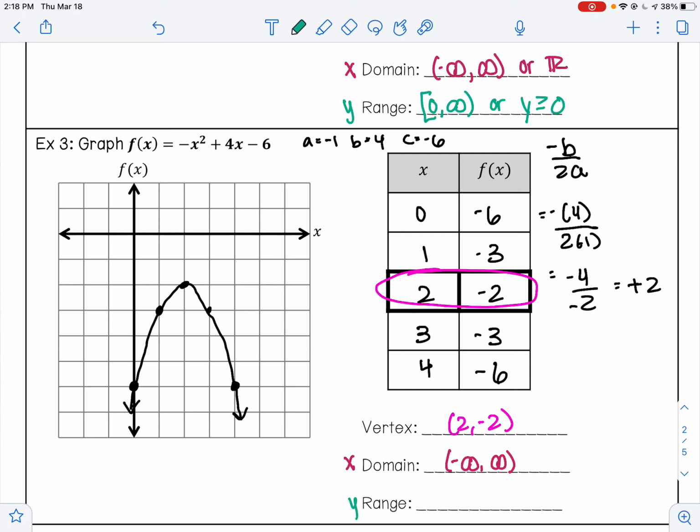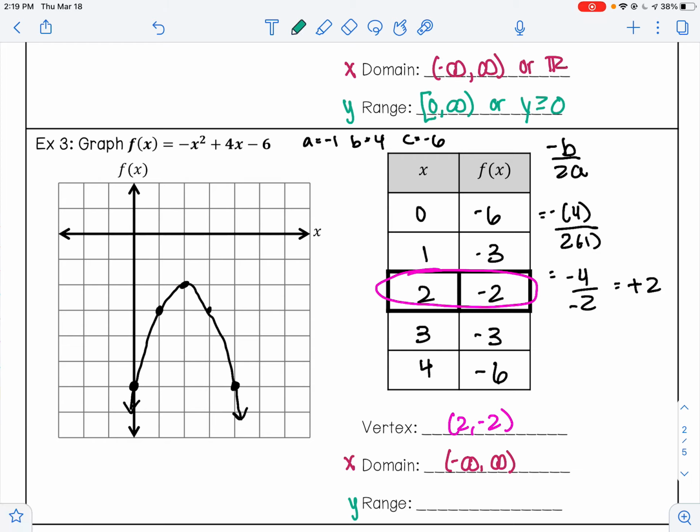My range is my y values from the bottom of the graph to the top of the graph. The bottom of my graph is going down forever, so that's going to negative infinity. The top of my graph is my vertex, and that's where y is negative 2.